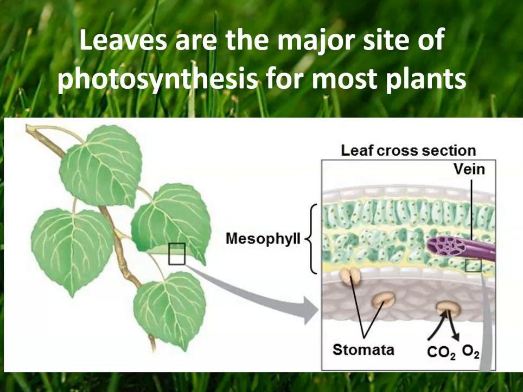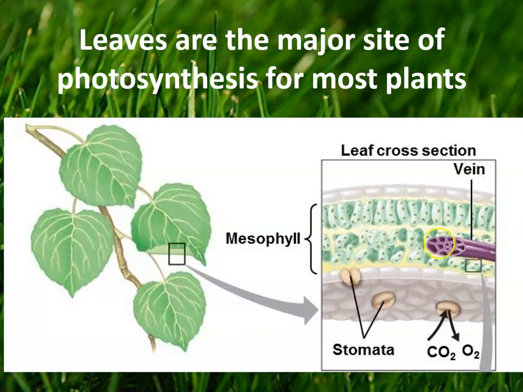Some of those cells are working together to perform a specific function, like in the mesophyll. These are cells that are undergoing photosynthesis. That's why they're green, because they have those chloroplasts inside. So the mesophyll is a tissue of the plant where photosynthesis takes place.